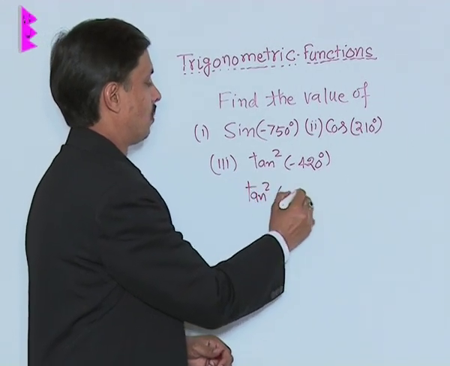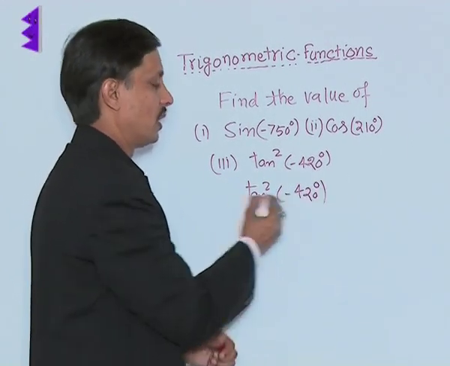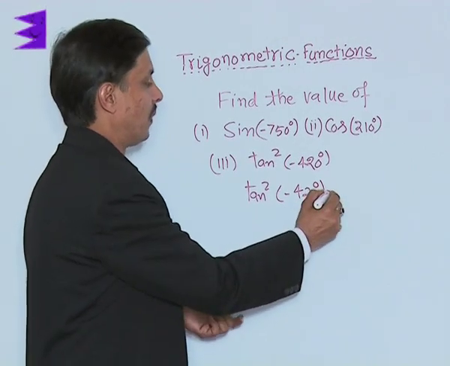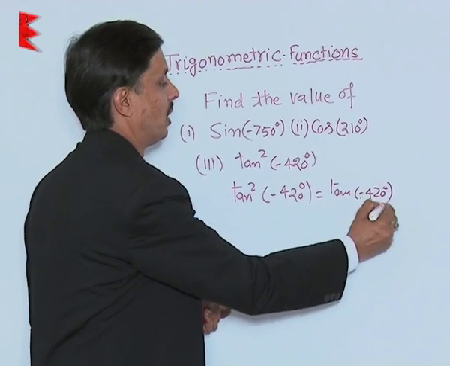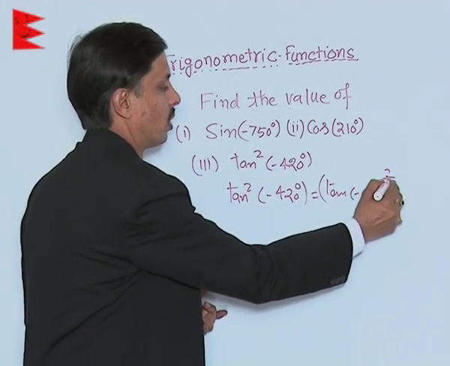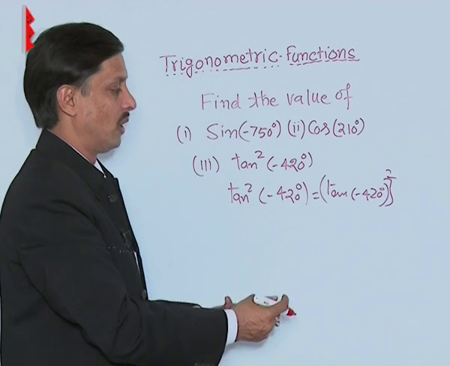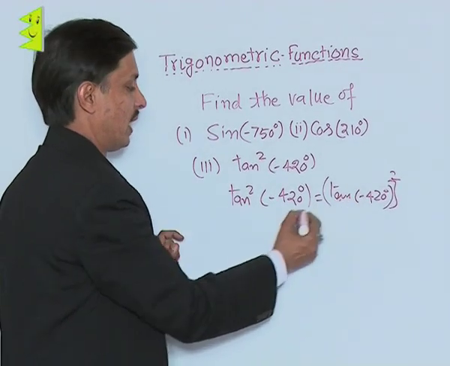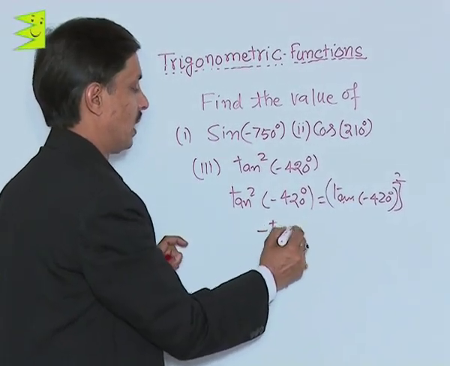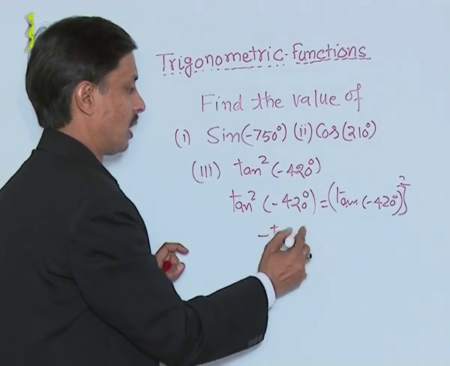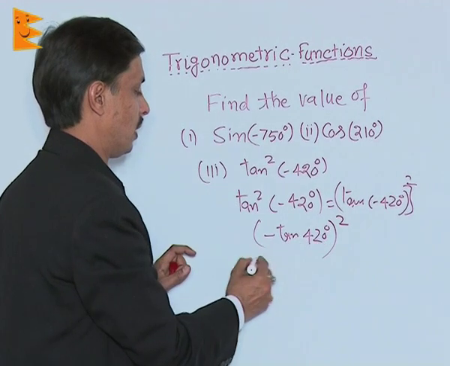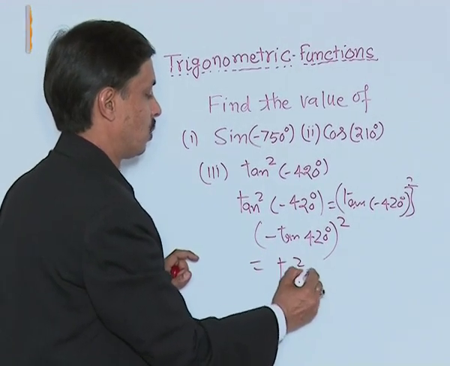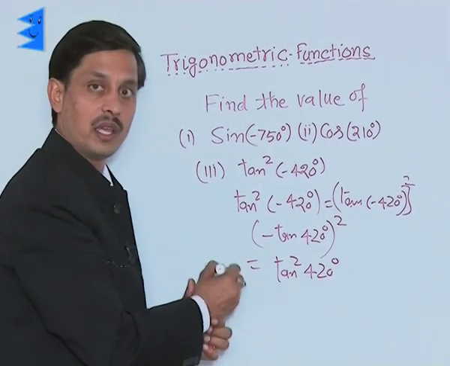Tan square of minus 420 degree can be written as tan of minus 420 degrees whole square, not the whole square of the degree but the overall value is squared. Tan of minus theta is minus tan theta. So this becomes minus tan of 420 degree, and its whole square gives us tan square of 420 degree.